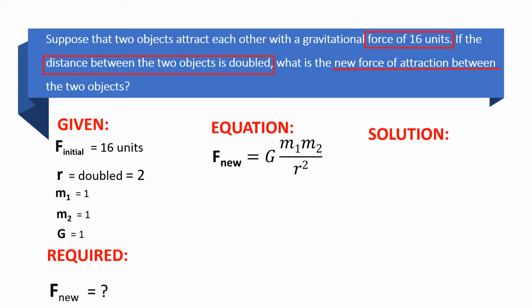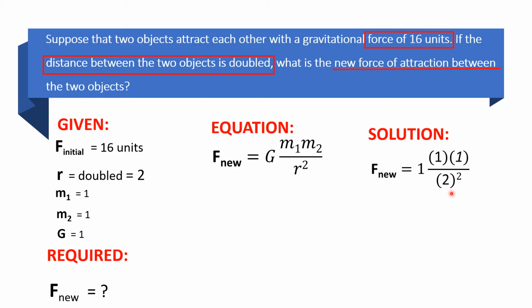For our solution, you just have to substitute this given to the equation. Okay, so that is F new is equal to the 1 value of our G, 1 value of our mass 1, 1 value of our mass 2, and 2.